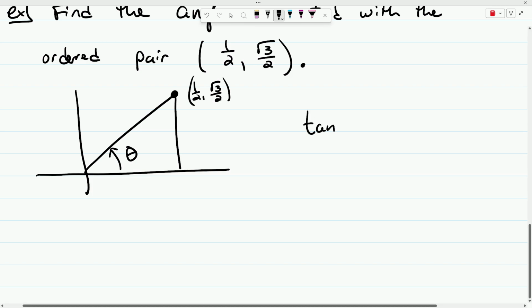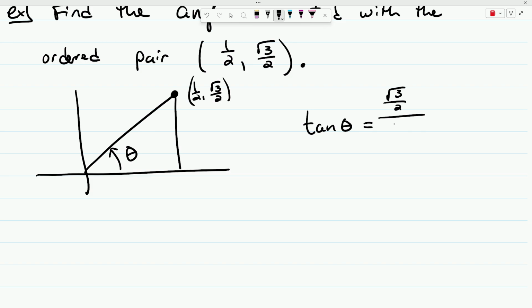So tangent theta is going to equal sine over cosine, square root of 3/2 over 1/2. Now, we can go ahead and simplify this by saying square root of 3/2 times 2/1. 2's reduce. So we have tangent theta equals the square root of 3.